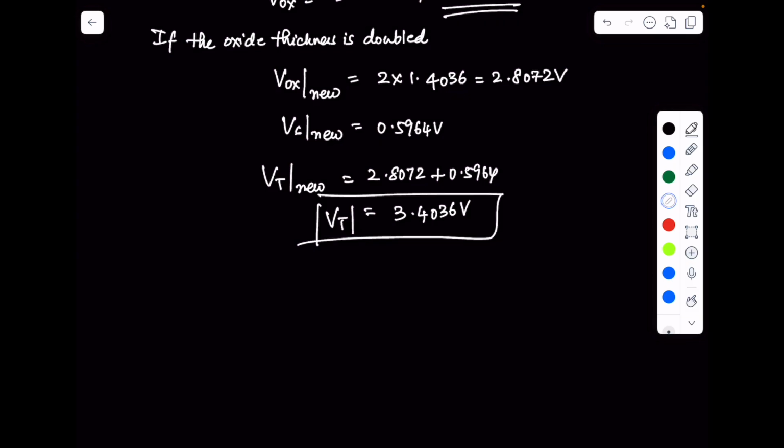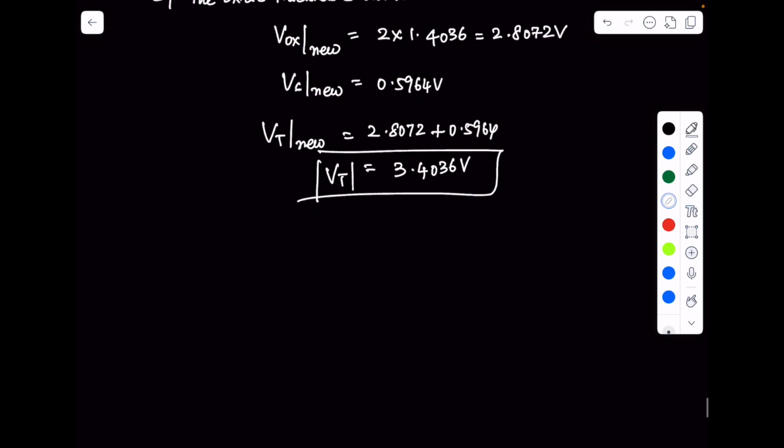And the last question is, what are the bias voltages and currents when the second device is at the boundary of triode and saturation at VGS equal to 5 volts? So obviously your currents are going to change. ID sat is now going to be given by half mu Cox W by L into VGS minus Vt new, the whole square.